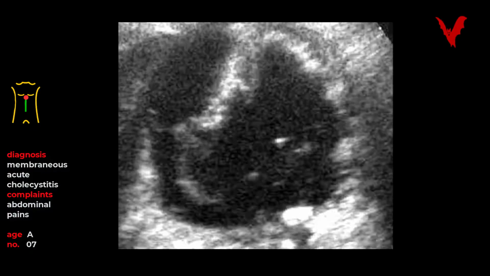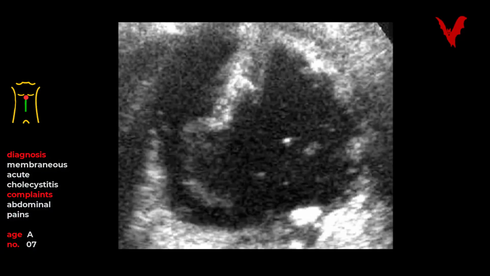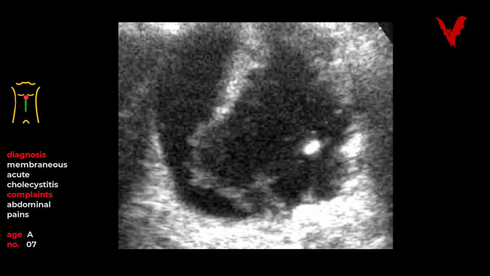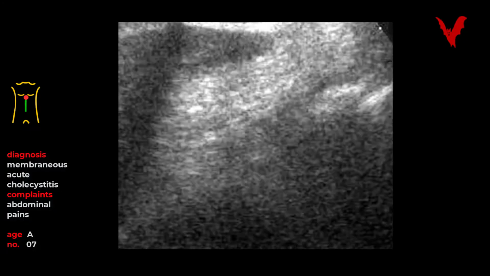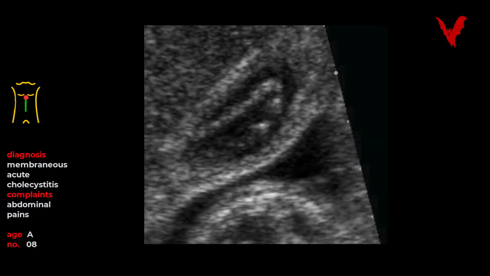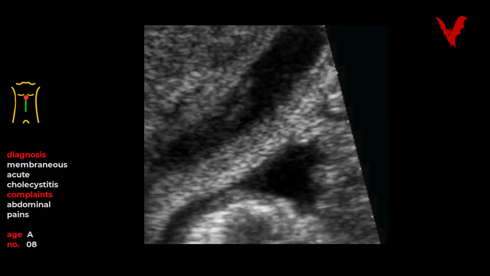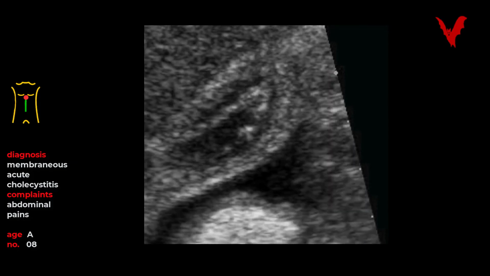Two different stages of these lithogenic inflammations can be seen in figures 7 and 8, according to the stage of treatment, leading to cholecystectomy in both these cases in the end.